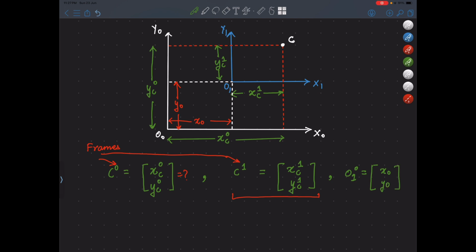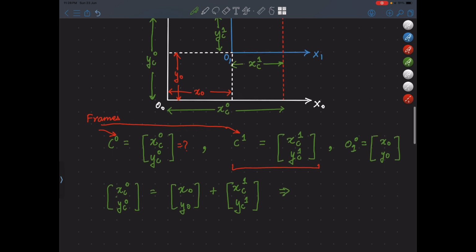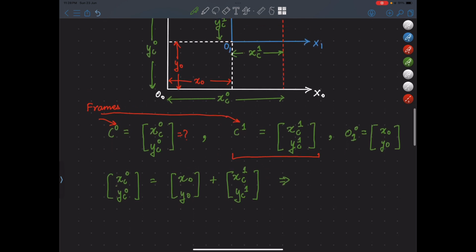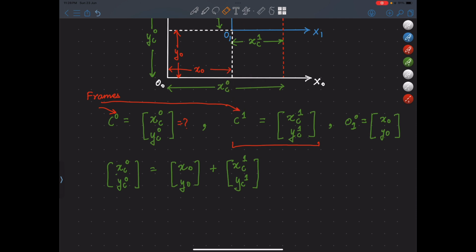As you can see geometrically, xc0 and yc0 are equal to x0 y0 plus xc1 and yc1.